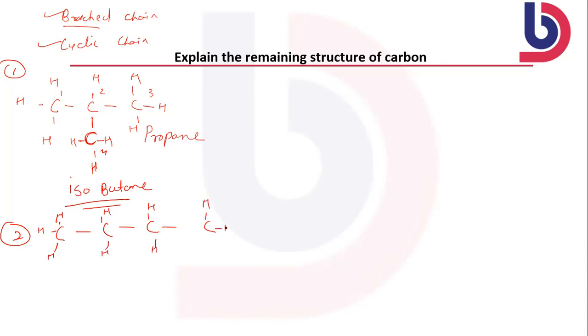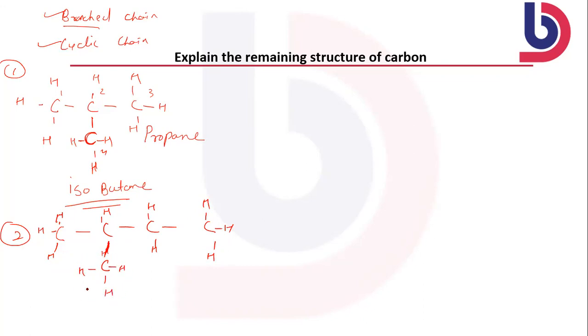Now this will be my butane. Now if I want to make it branched, then what I will do, I will remove one H. Again, I am choosing the second one. So here I will write one more C for the branch. This will be my branched C, and this C has three valencies.